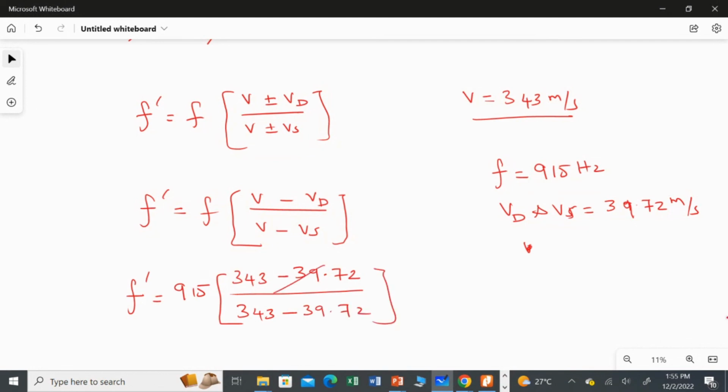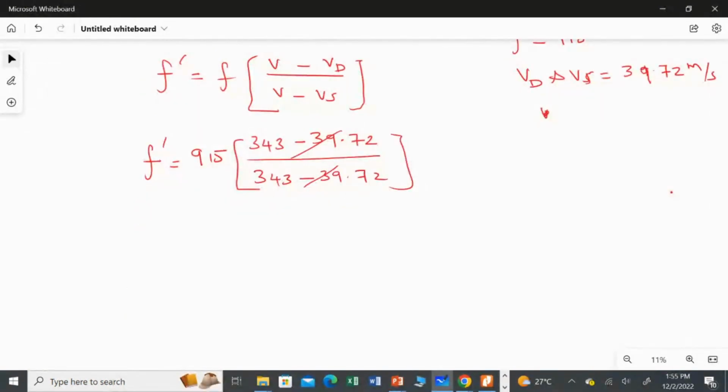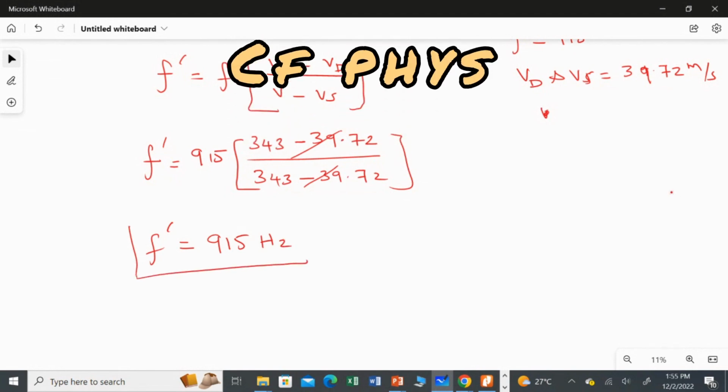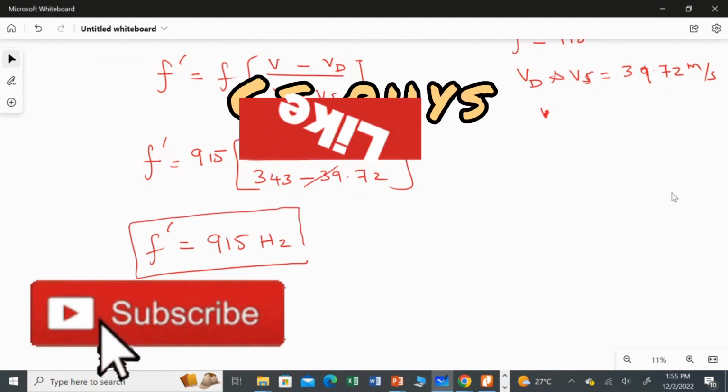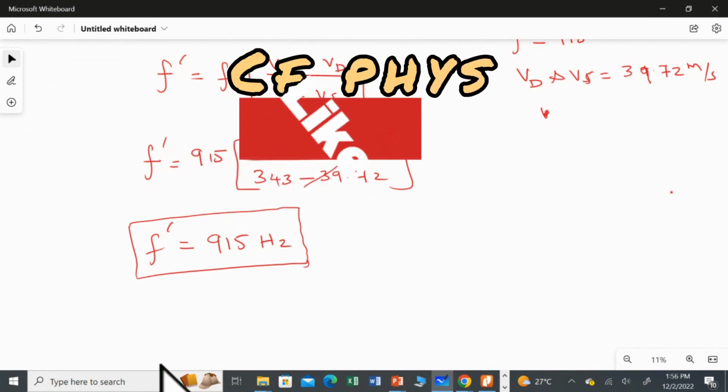By that, the top and bottom will cancel each other, right? So here we will get the answer of f dash as the same as f, right? Clear? So why did we get the same answer? What is the reason? Because both vehicles move at the same speed. That's the reason. Clear? So this is the answer for this question. Thank you.